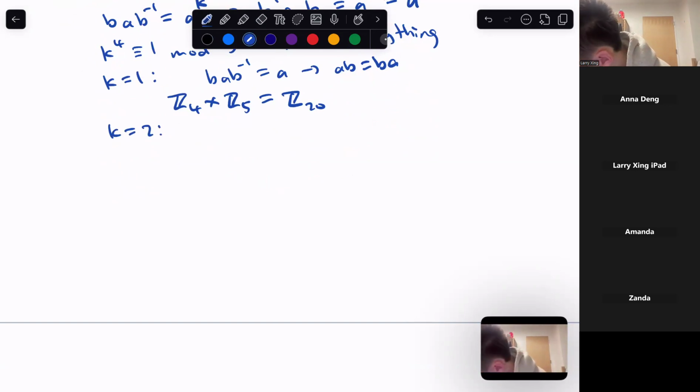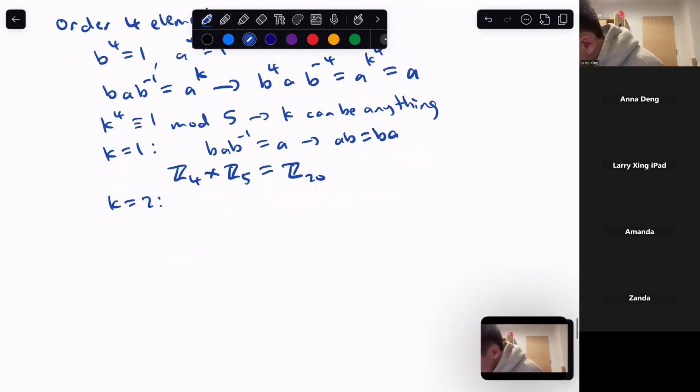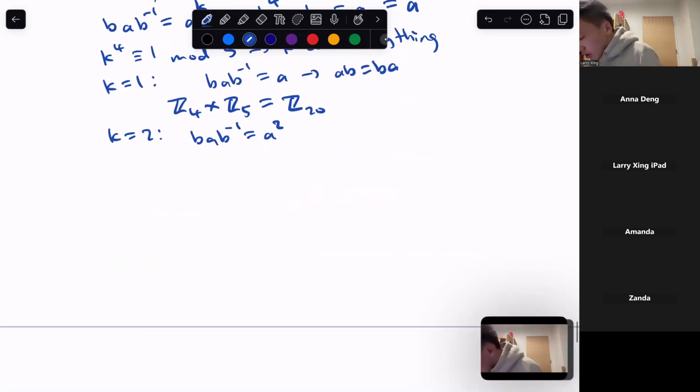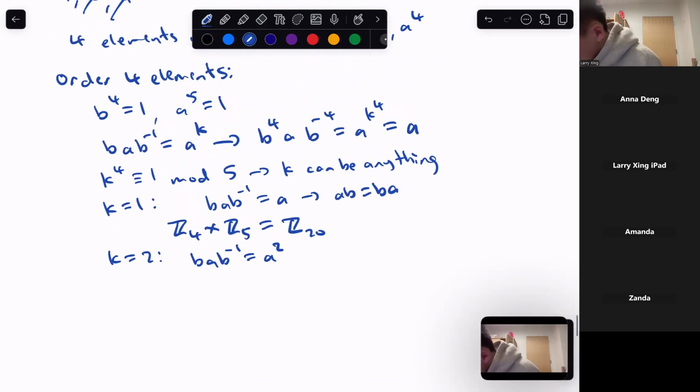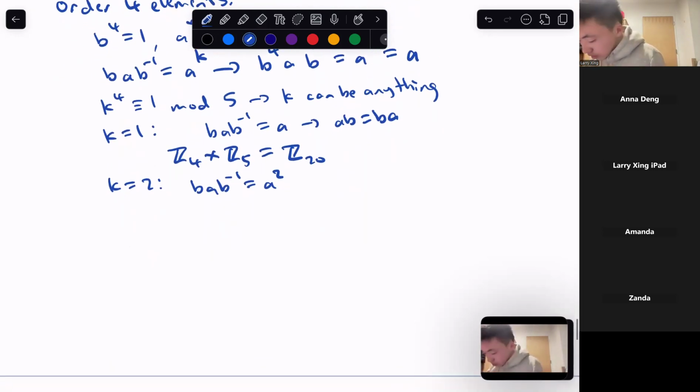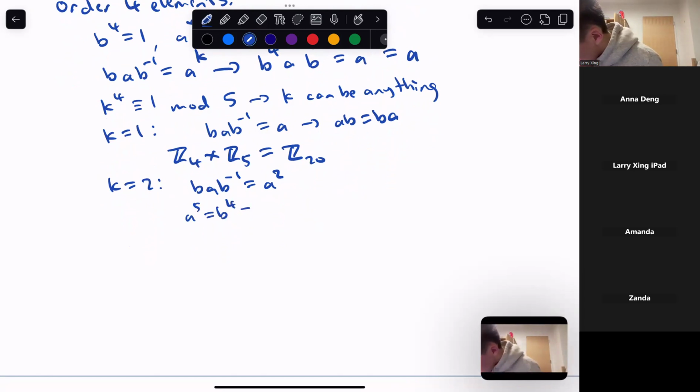So now for k equals 2, we have b to the negative 1 equals a squared. This generates a new group defined by a to the 5 equals b to the 4 equals 1, and b to the negative 1 equals a squared.